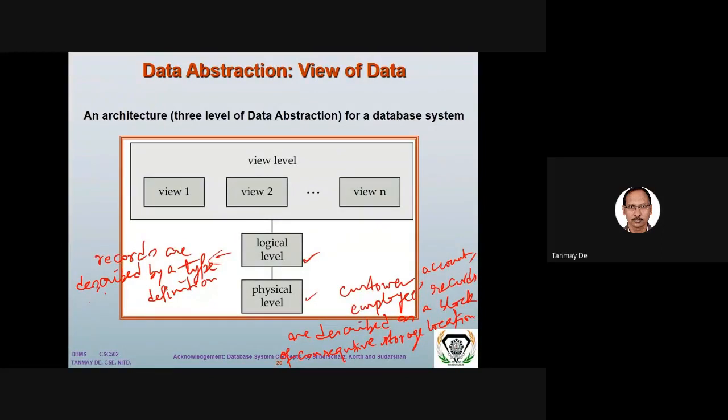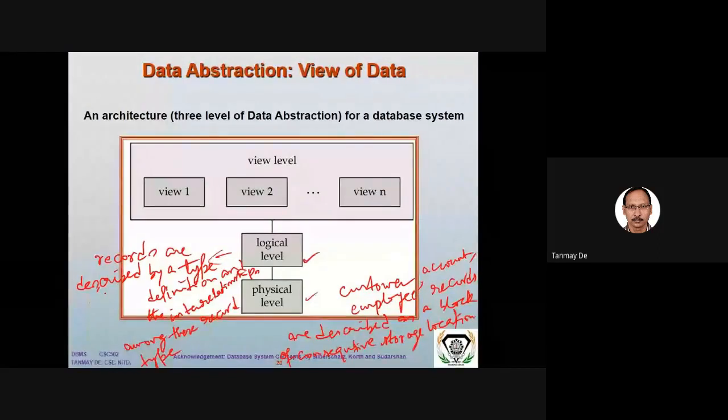and as I already told, the conceptual level is also responsible for describing the relationships among the data. That is, the interrelationships among these record types, whatever is defined here.